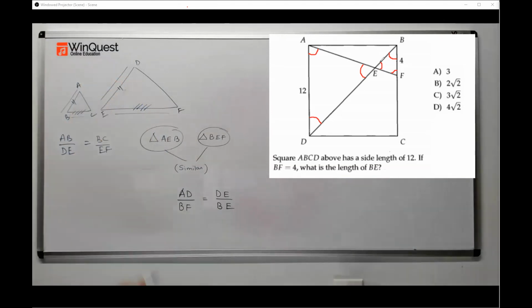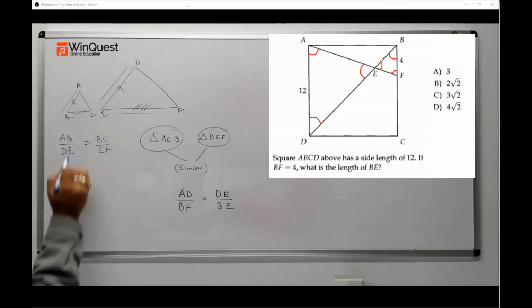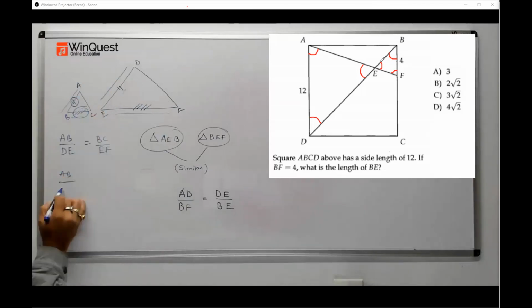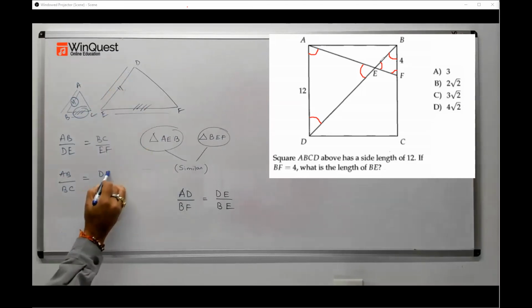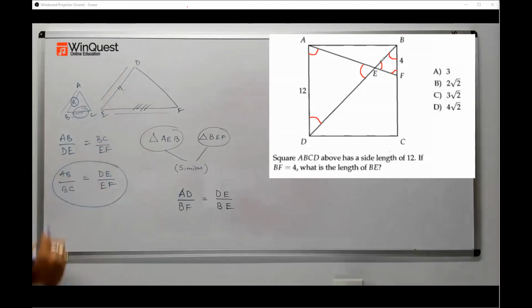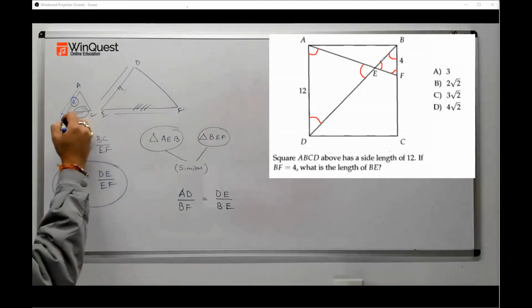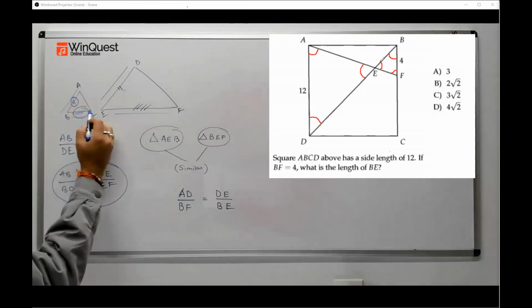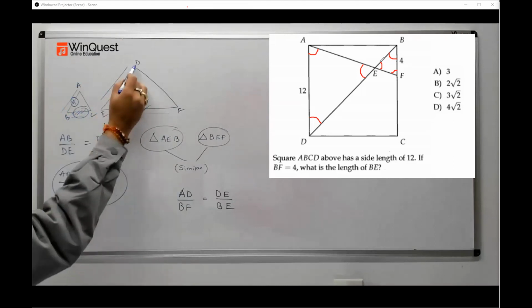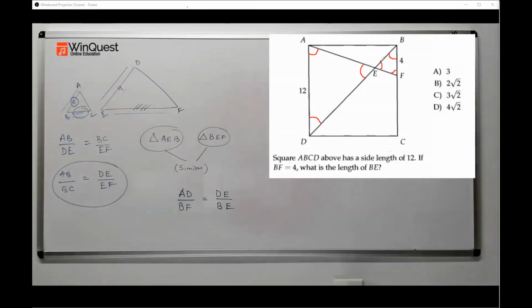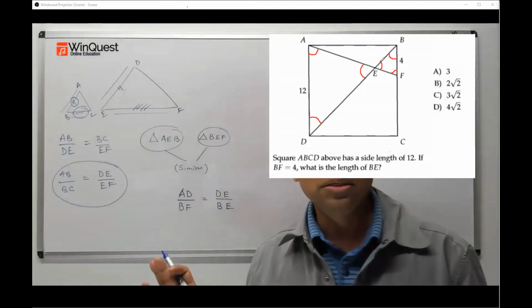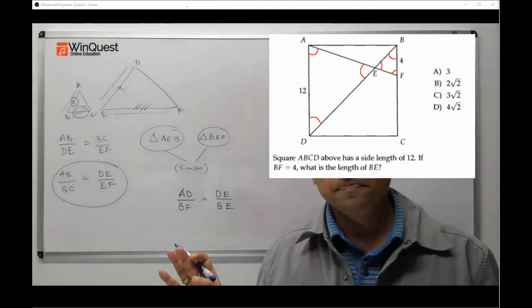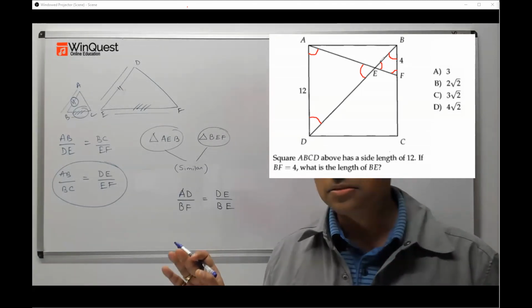Another way of saying that is AB, which is this side, by BC is equals to DE by EF. Whatever you want to say, this is also applicable. Another way of saying is AB multiplied by BC is equals to DE multiplied by EF. Whatever rule you might want to apply, that is all okay. There is no problem at all. Am I making sense? Yes or no, please?